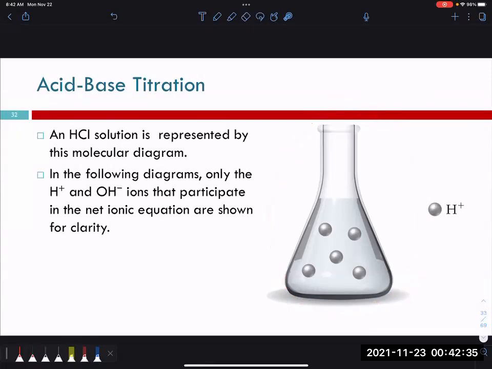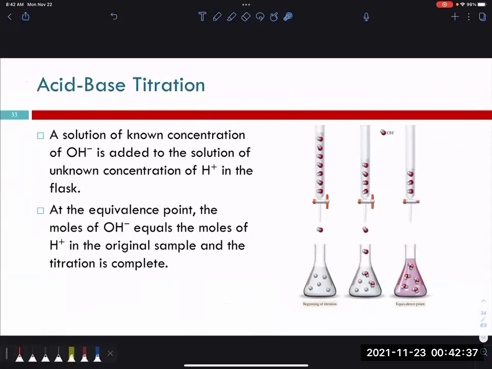We don't know what the concentration of this is. And so we take a known solution of hydroxide, and we use a burette. This is graduated, and it'll tell us exactly how much of the sodium hydroxide we've added, and we know the concentration.